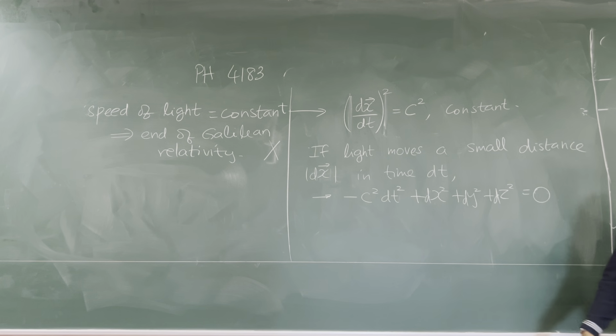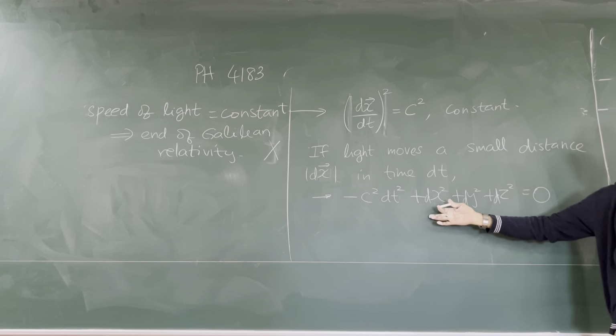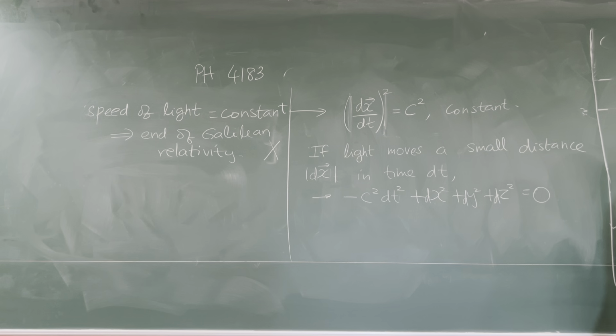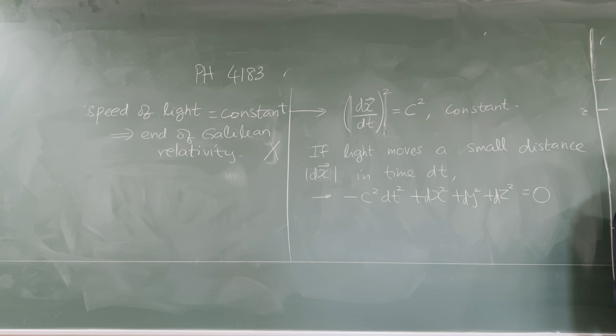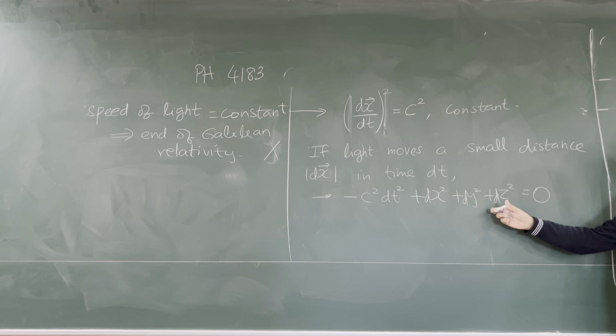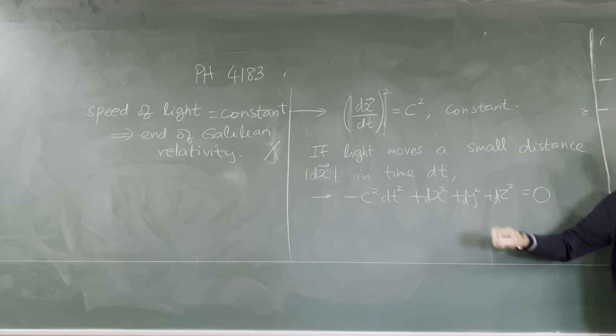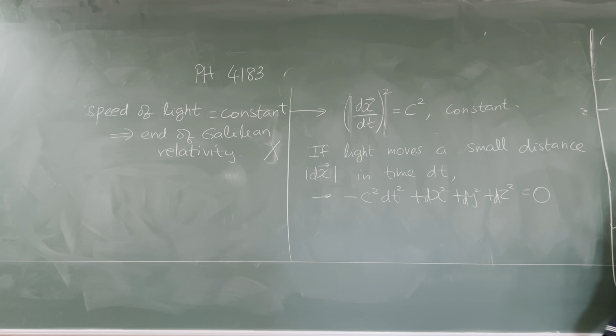Now you may wonder why I'm using this dx, dy. Why not just use finite intervals? Since c is constant, this equation is also true for finite intervals. You can just put t in place of dt and x, y, z in place of these, and it will be true. But you should get used to this notation, because we'll soon be working with systems where the invariant quantity, the quantity which remains unchanged across frames, is not writable in a finite distance form.